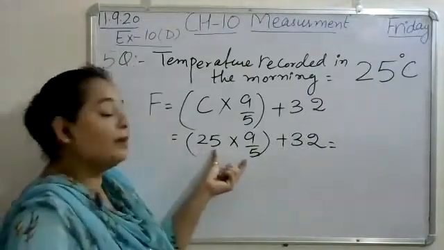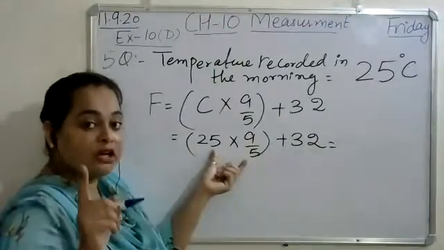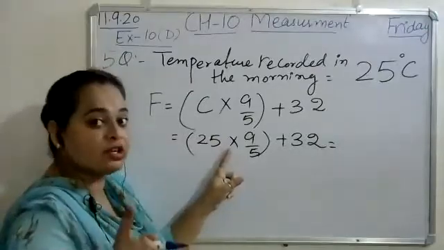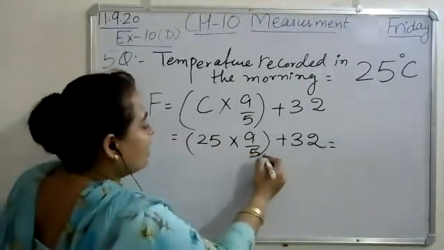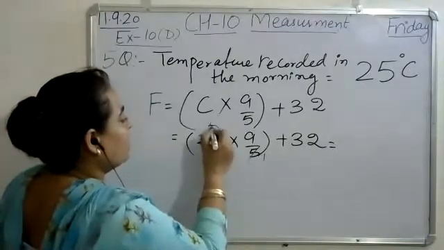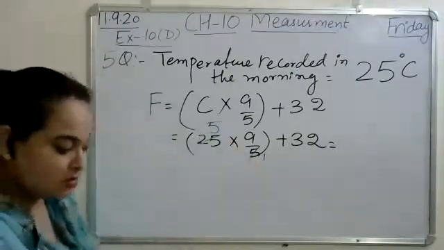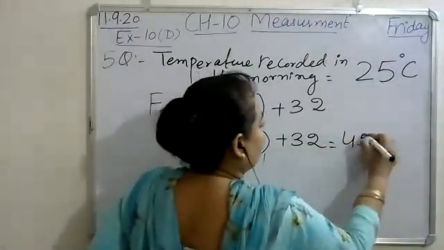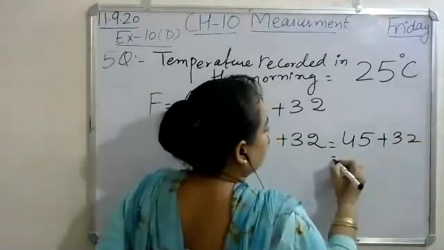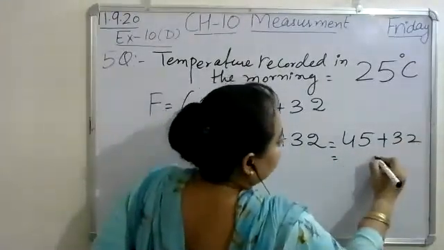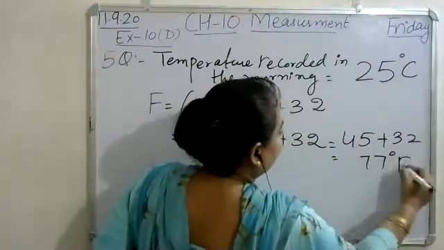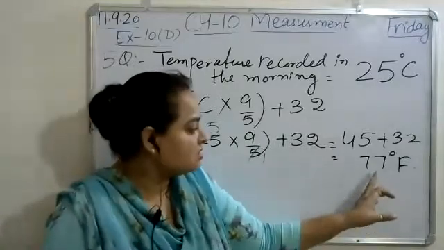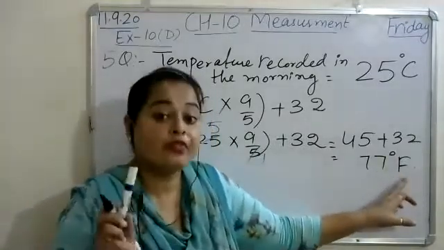According to board marks, first of all you will solve the bracket, and under the bracket cancellation is possible. 5 ones are 5, 5 fives are 25. So 5 multiplied by 9, 45, plus 32. After addition, you will get 77 degrees Fahrenheit.